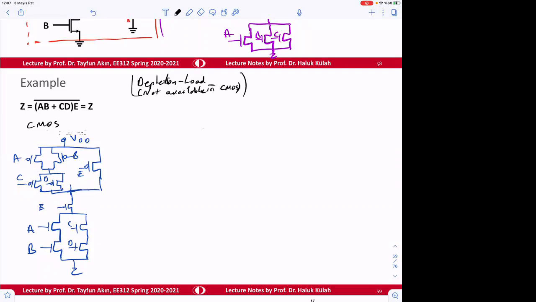I think we did the resistive load before. Pseudo NMOS. Pseudo NMOS technology. So here you put only one device here, and then the AND block comes in here.